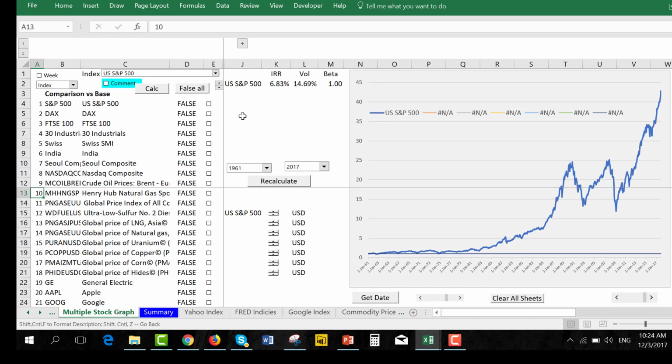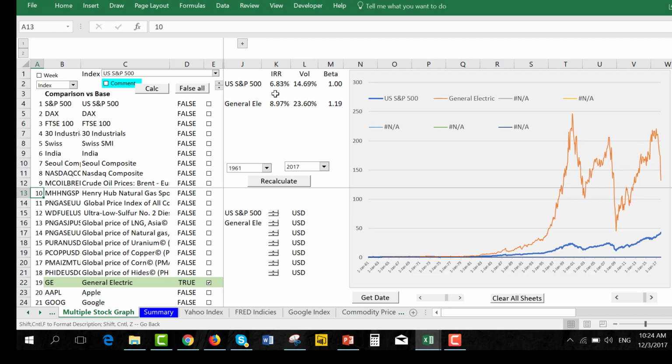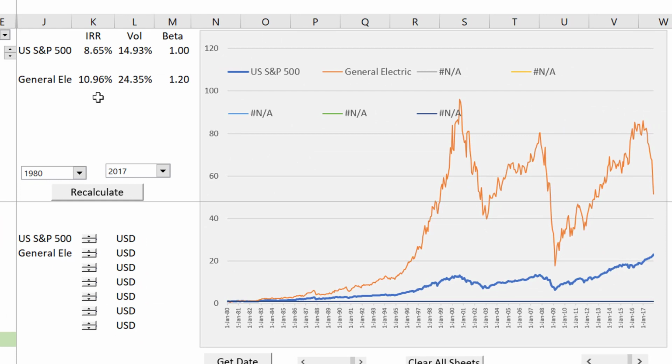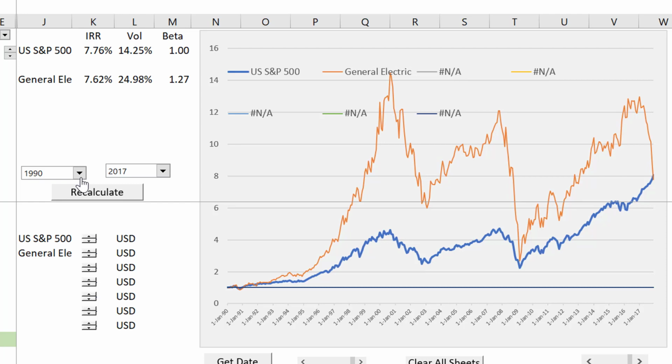And let's say I want to compare that to GE or something, okay? And when you compare it to GE, then it throws in the IRR and the volatility and the beta and all that. And then you can see what's happened to the beta and the IRRs on these two stocks here. GE did better since 1980, but, you know, they've come way down lately.